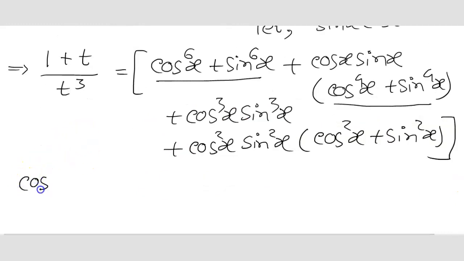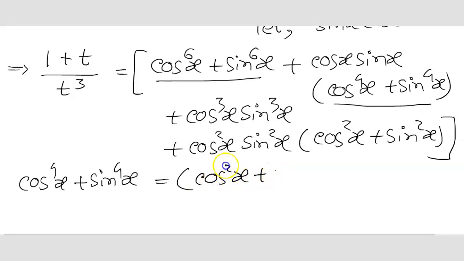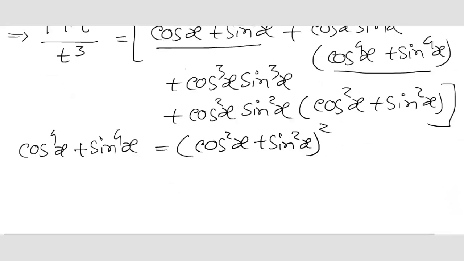Let's begin with the first one, that is cos to the power 4x plus sine to the power 4x. So what we can do, we can write it like, say, cos square x plus sine square x, their whole square, this thing minus 2 cos square x sine square x, right?